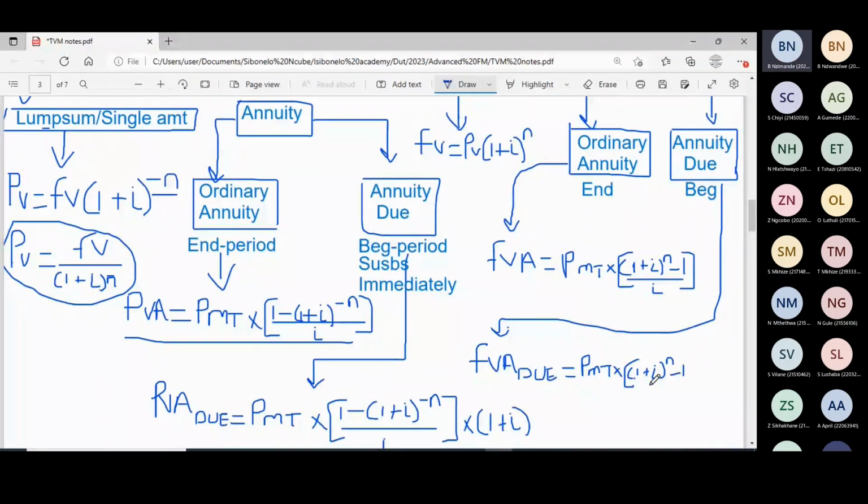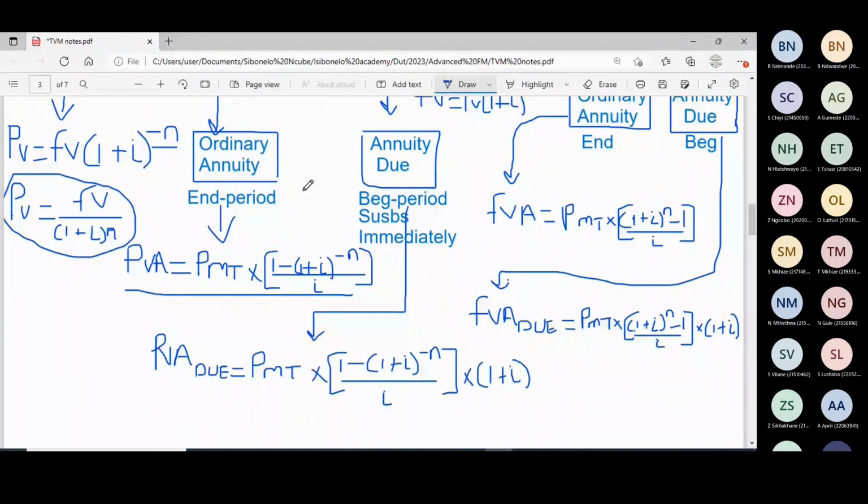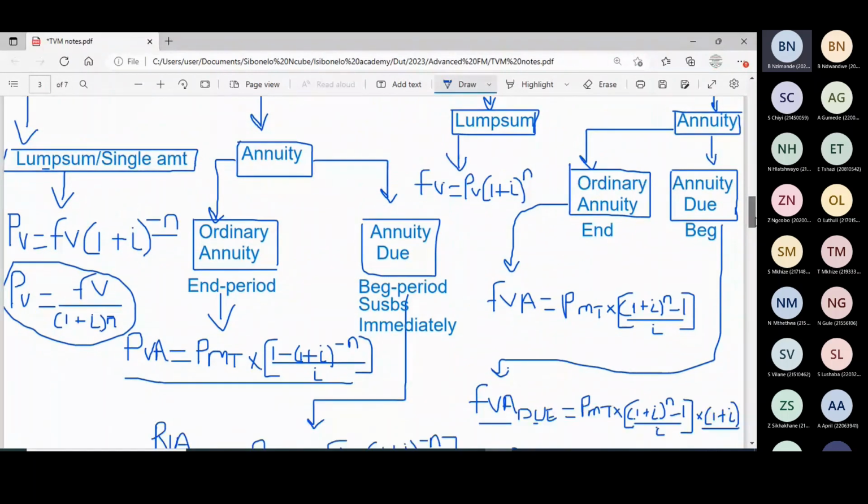You close the big bracket and then multiply by (1 + i). If you notice here, for both formulas, present value annuity due and future value annuity due, there is an extension in the formula whereby we multiply by (1 + i). So we extend the ordinary formula by including (1 + i) at the end of the formula. So that's how, guys, we calculate the future value of an annuity due.